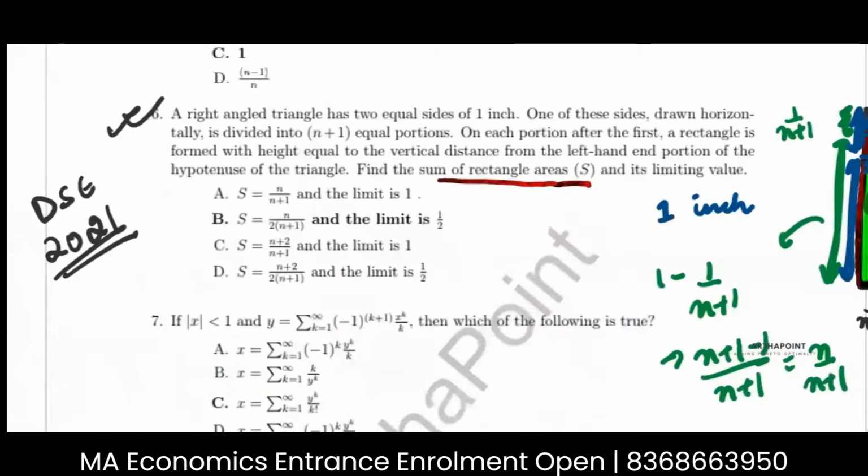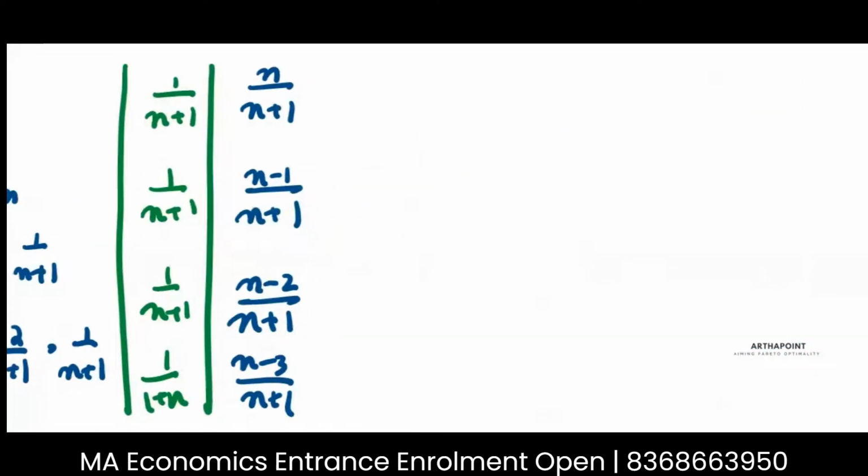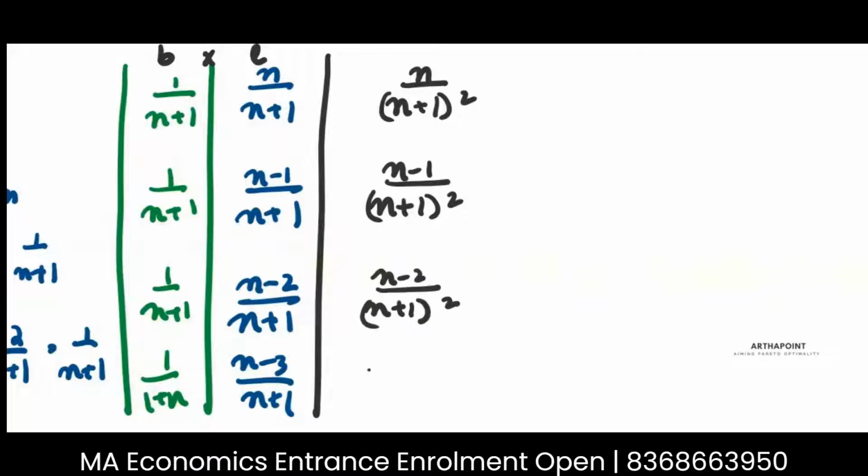Now it says, find the sum of rectangle areas and its limiting value. So first of all, let me find the sum of the area. What is the area? Area is length into breadth. So it will be n upon n plus 1 whole square, n minus 1 upon n plus 1 whole square, n minus 2 upon n plus 1 whole square, n minus 3 upon n plus 1 whole square, and so on.